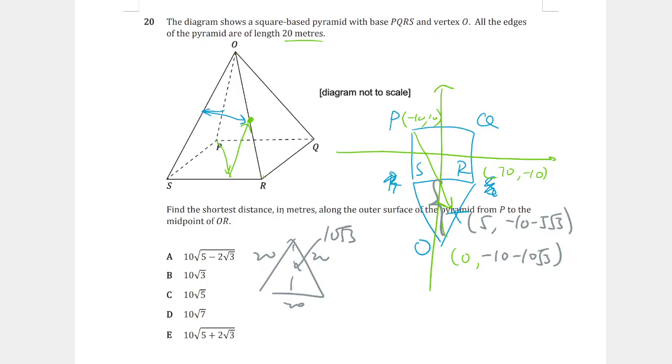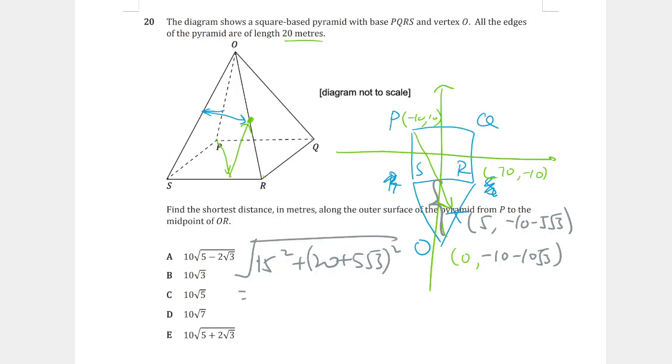So what is the distance? Let me give myself some space, so I'm going to get rid of the triangle. You take Pythagoras, just the distance formula basically. The change in x is 15, plus the change in y, which is 20 plus 5 root 3. These two things squared and then square rooted, and then we simplify.